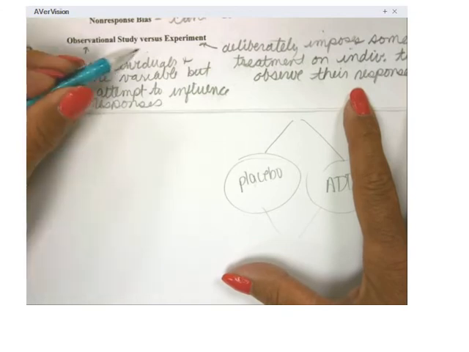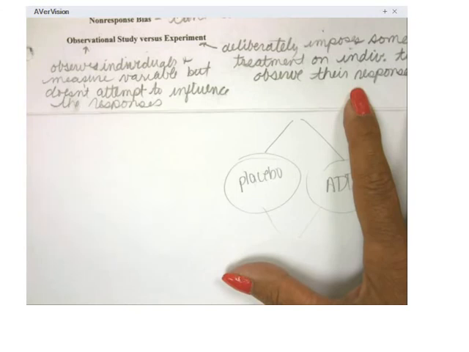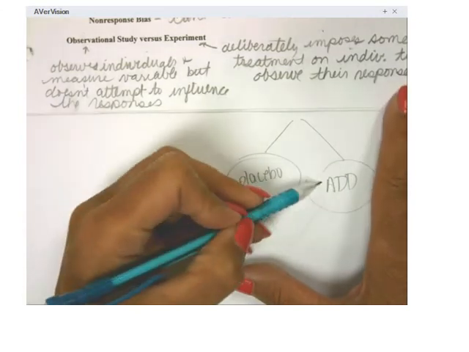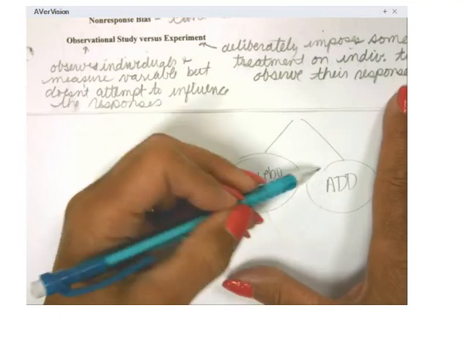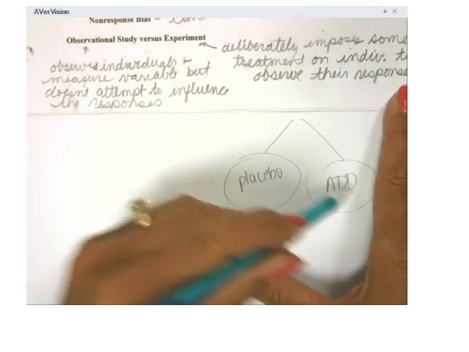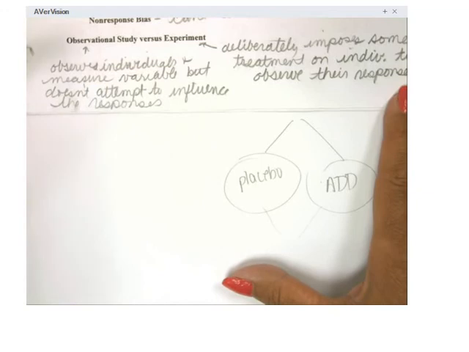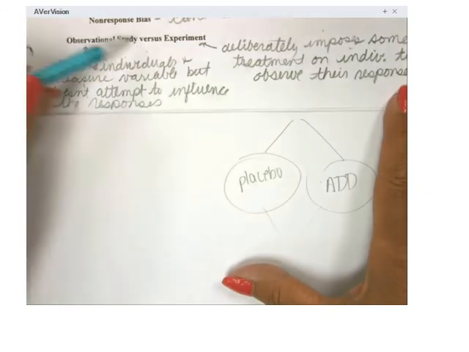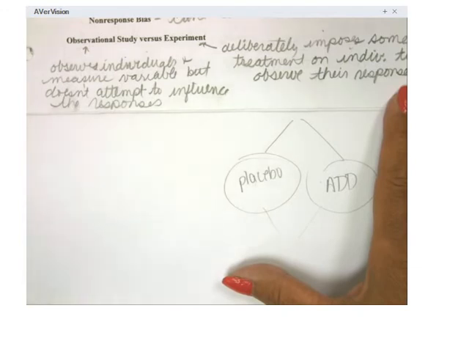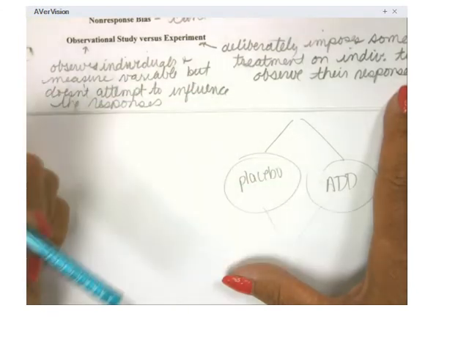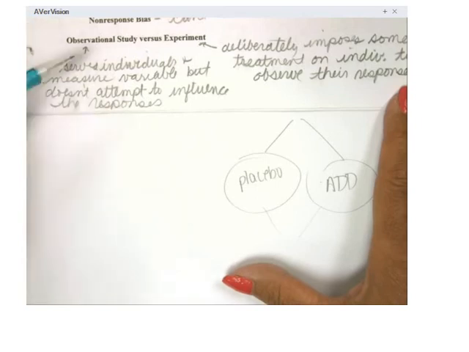An observational study would be we would look at people who have taken this particular drug, and we would look at their behavior and see how it's changed, but we haven't divided them up into separate groups. So I usually think of observational studies as you decide to look at the people after the behavior has already taken place, and then try to see whether one type of medication maybe had some type of an impact.